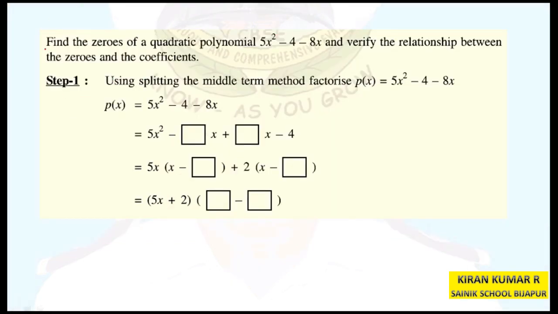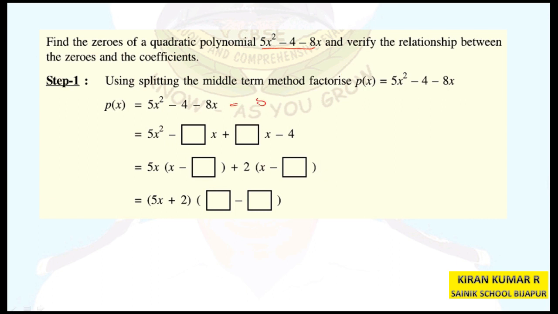Have a look at this question. We have to find the zeros of this quadratic polynomial. Very important thing to observe is these terms are not arranged in the standard format. This constant is written in the middle term. So this is rearranged.